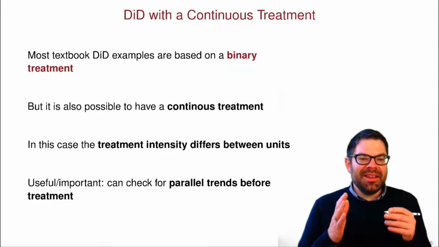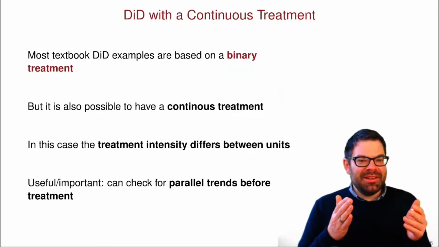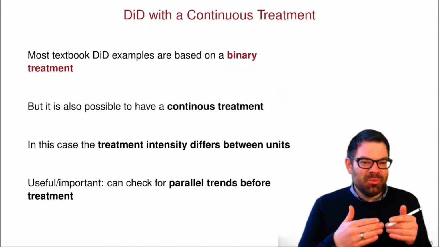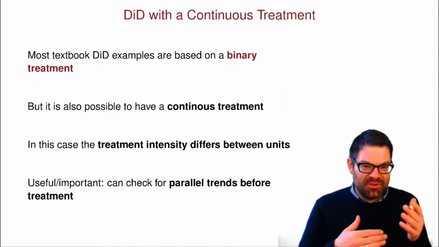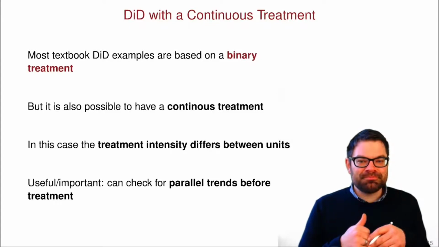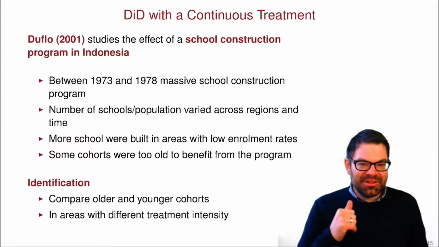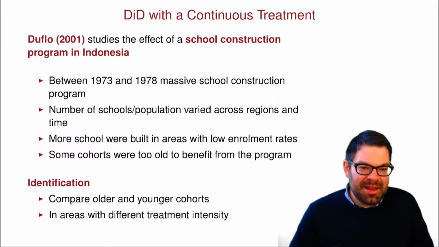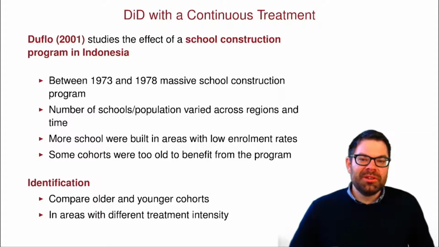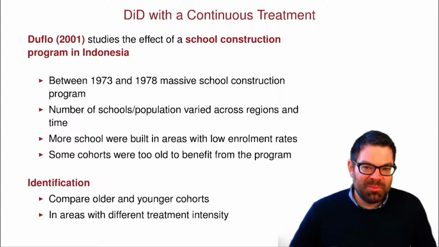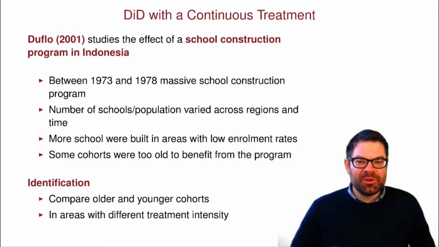So here the idea is not that the treatment is there or is not there between units, but that it's simply the treatment intensity differs between units and over time. And here one of the standard examples of a paper doing that is Esther Duflo's paper on the effect of school construction in Indonesia.